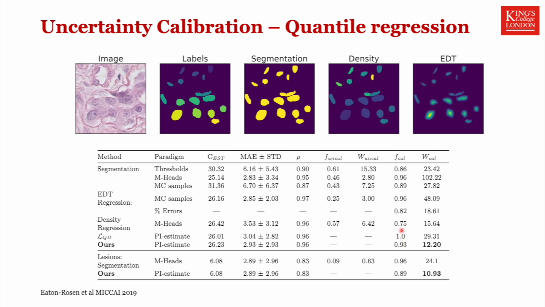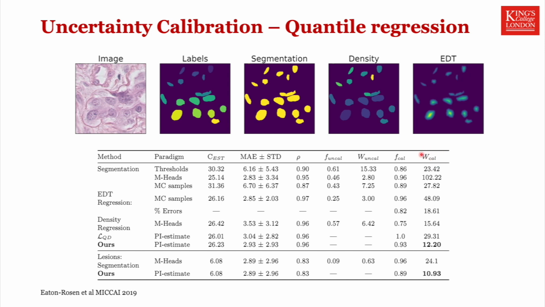This would be too high and those ones will be too low, for example. So you want fcal to be as close as possible to 0.95, and you see this one and here are okay. But you want to achieve a good calibration without increasing the sizes of the error bars too much.